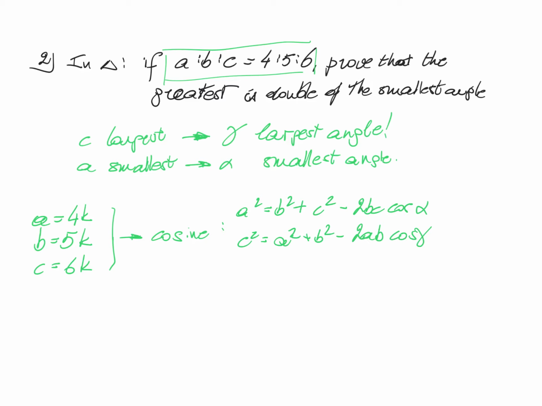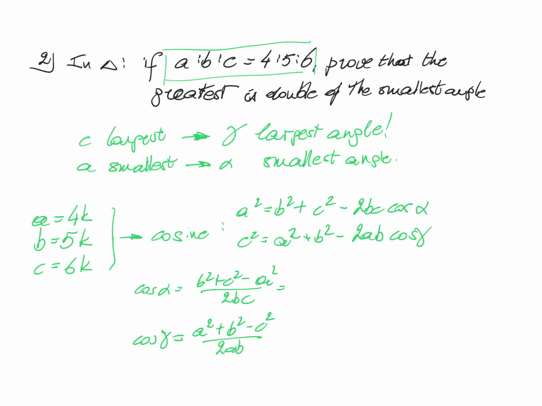In that case, cosine of alpha is b squared plus c squared minus a squared divided by 2bc. Cosine of gamma is a squared plus b squared minus c squared divided by 2ab. And now we can plug in the values.